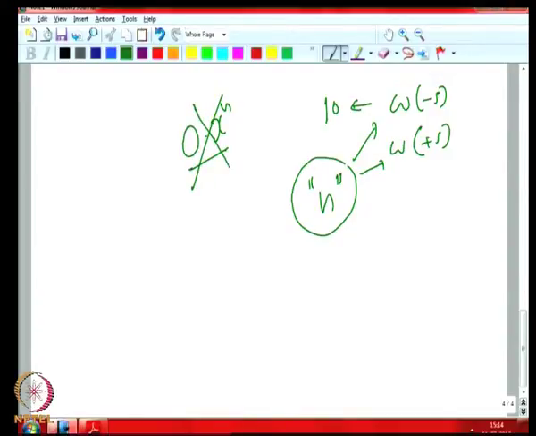The only things which appear are powers of x where n is of this form, omega of minus s or omega of plus s, right. Only these powers of x will remain.